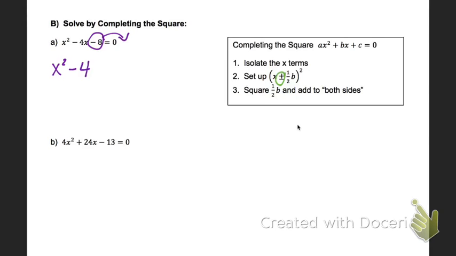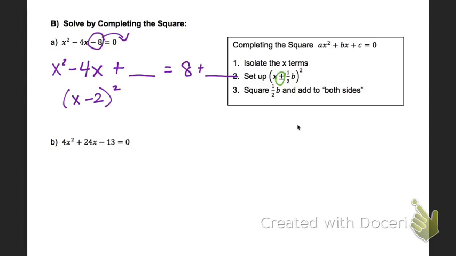So minus 4x, put plus blank equals 8 plus blank, and then I'll show you why in a second. The second step was to set up x plus or minus 1/2 b squared. So I told you that that was x minus 2 squared. So just write that underneath, and I'm going to show you how we got that in a second.